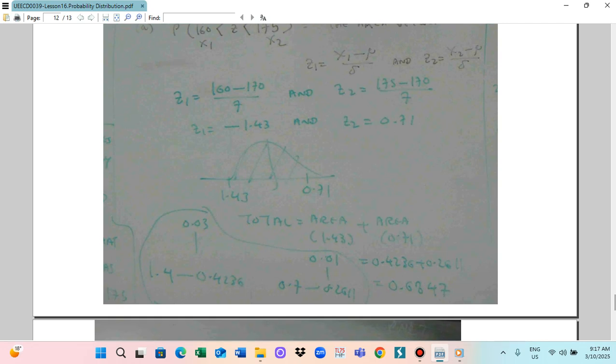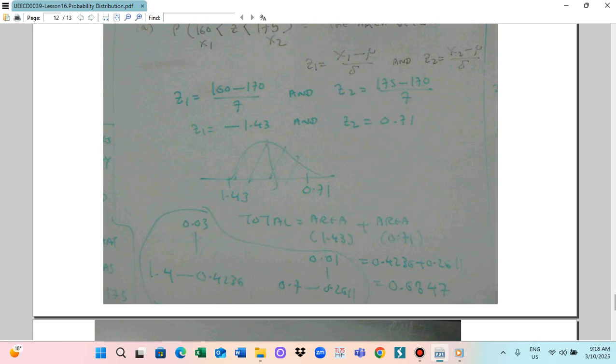Then you see the Z table. For 1.43 you use the Z table: you can see 1.4 and 0.03. The area is 0.4236. And also for 0.71, you read 0.7 and then 0.01.